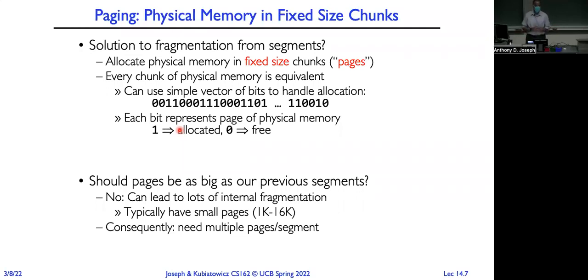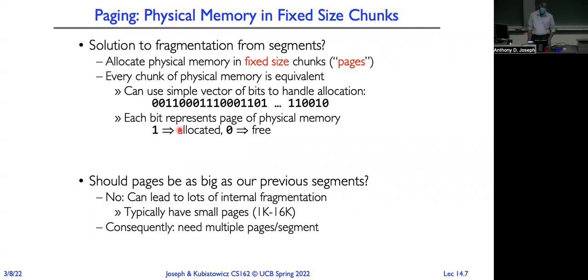And so over time, people have evolved. And typical sizes today are about 1 kilobyte to 4 kilobytes, or even 16 kilobytes in size. Some architectures include support for much larger page sizes, where we know we have physical objects that are going to be very large. And we'll touch on that later on.